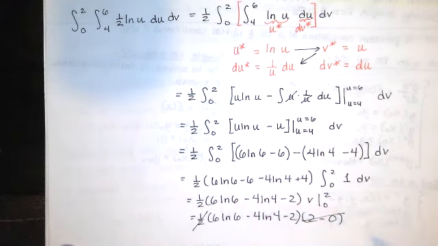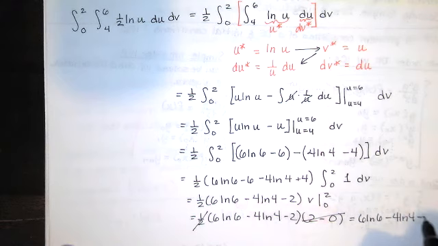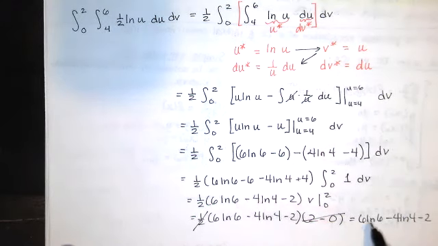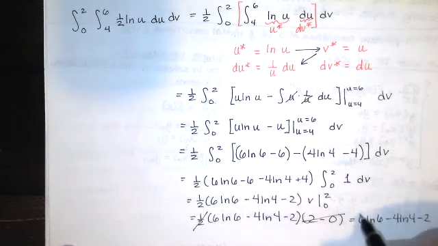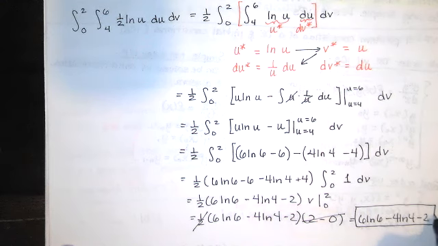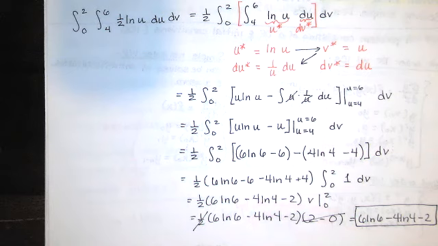That's going to reduce with that 1/2 out front. And so we get 6 natural log of 6 minus 4 natural log of 4 minus 2. Now there are infinitely many ways we can write this difference of logarithms with constants out front. I'm just going to leave it this way, but you can write it in one of the equivalent forms using log properties if you want to. Otherwise, we're done.